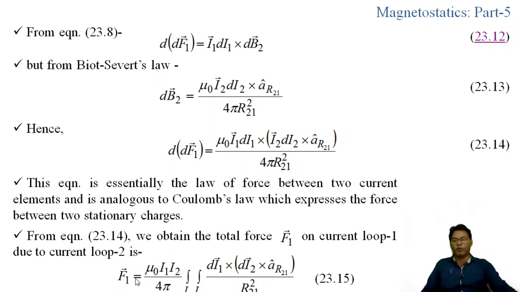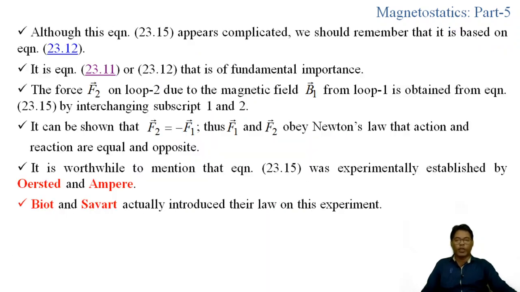So F2 equals mu naught I1 I2 by 4 pi, double integration of dl2 cross dl1 cross aR12 by R12 squared.